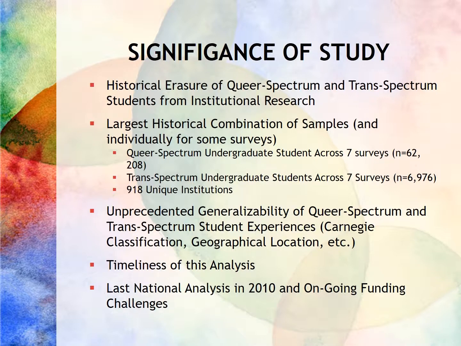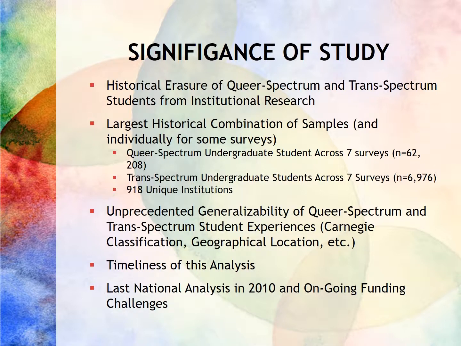That being said, this project has been pretty exciting. Not only were our 4 national research centers on board to collaborate, and the expertise of Dr. Rankin on board to really shape this project, but I think the most significant aspect of this study is that we were able to look at a sample size that surpasses any work that's been done independently, capturing roughly 70,000 students. And these weren't convenience samples.